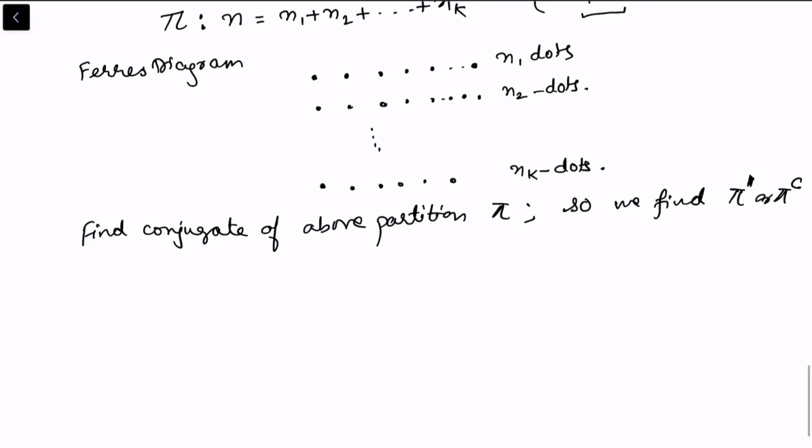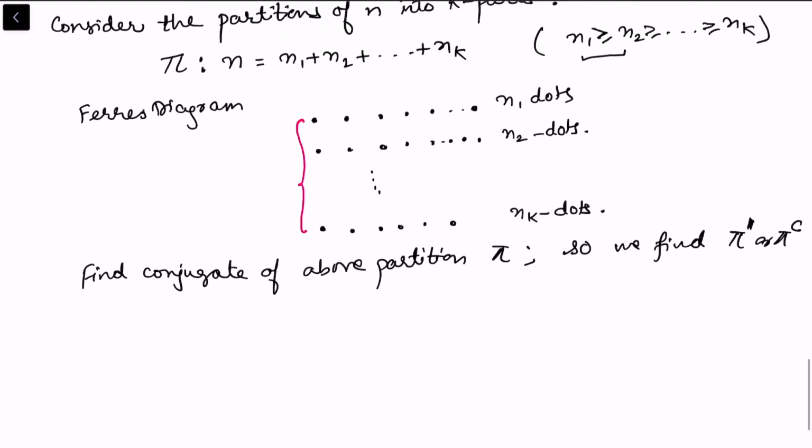Now when I find the conjugate of this, we notice these are the left-aligned rows, and as per the definition, since we are using a partition of a positive integer, every ni is a positive integer. That means every left-aligned row will have at least one dot. It is possible that the last part value is 1 and that one dot has to come in here.